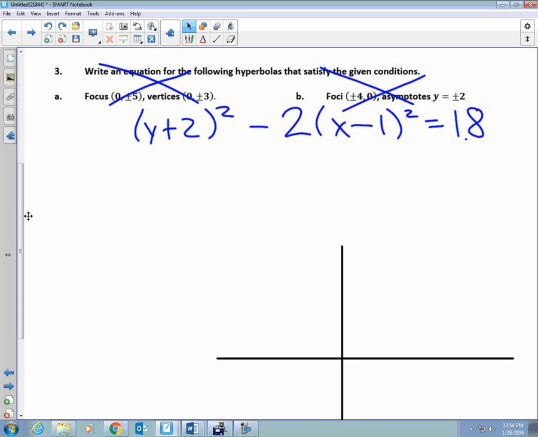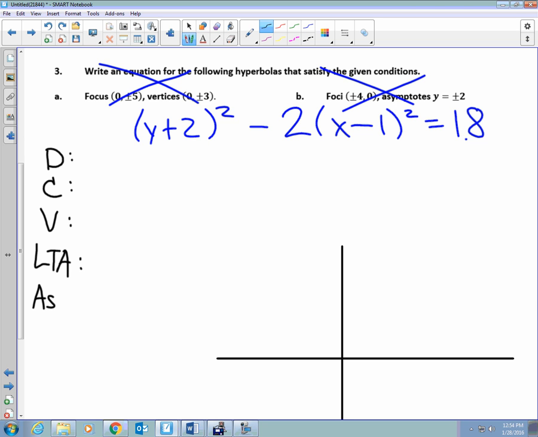We're going to find the direction, center, vertices, the transverse axis, asymptotes, and foci, and I got a graph.